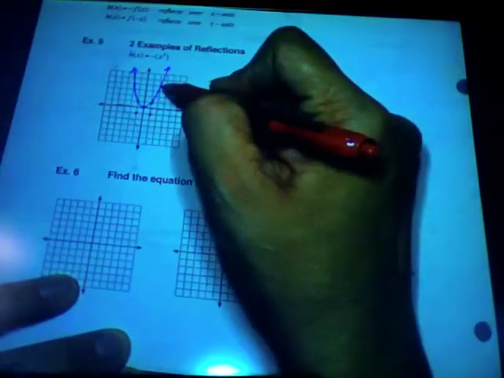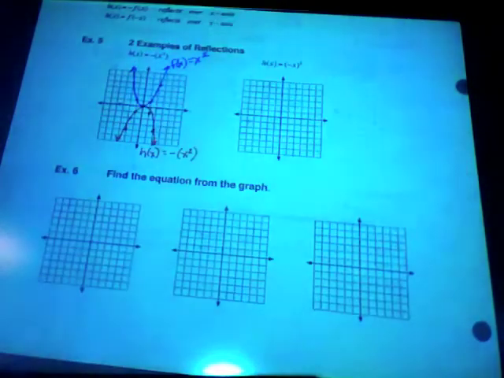And then this point here is 4, so I'm going to go down 4. And so there's its reflection. Make sure that you label your graphs.